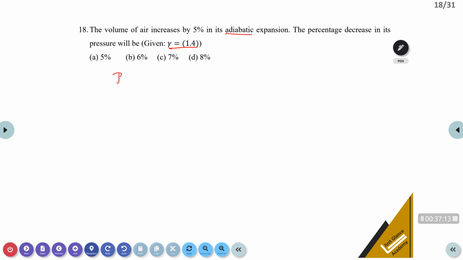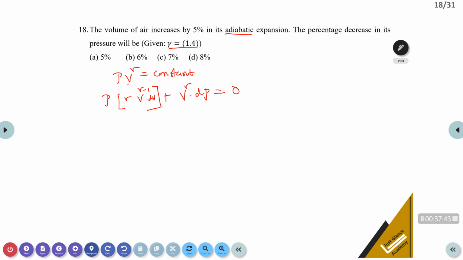We know that PV raised to gamma equal to constant. Differentiate: P into gamma V raised to gamma minus 1 into dV, plus V raised to gamma into dP equal to 0.